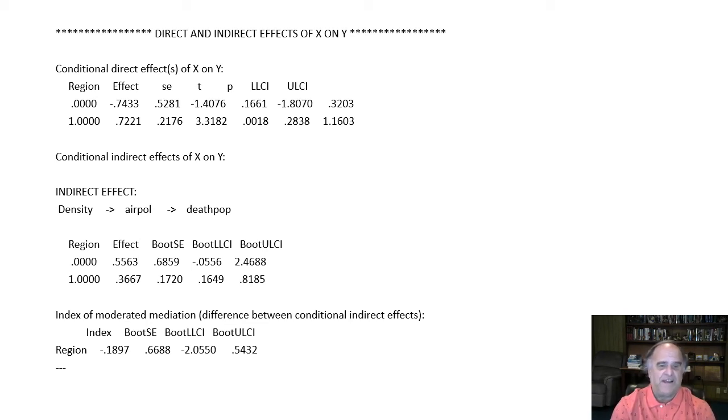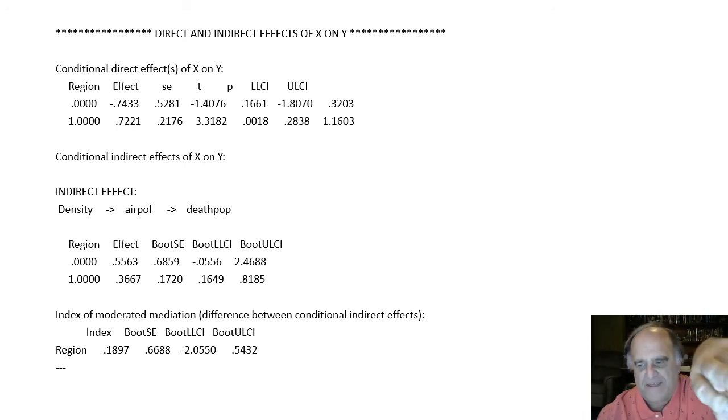What is significant is the interaction between density and region itself impacting deaths. But for the mediated relationship, or that indirect effect, there is not an interaction. And again, we only put the moderator variable on the A path. We could have put the moderator variable on the B path as well, but we only put it on the A path.